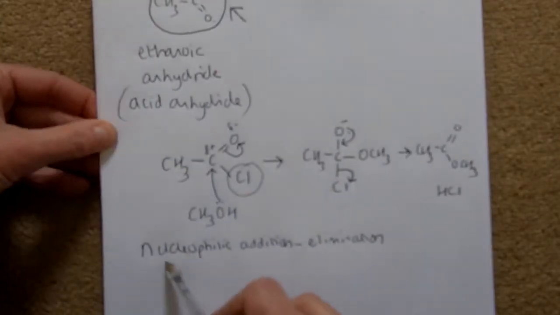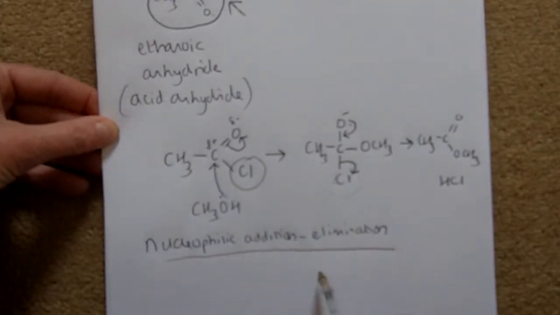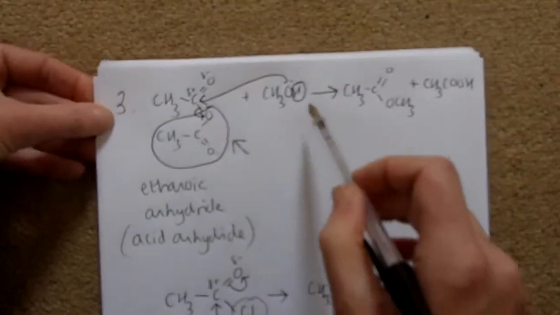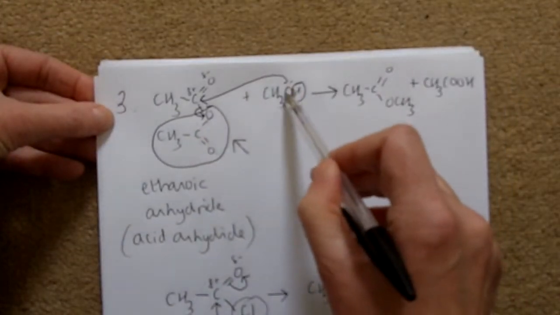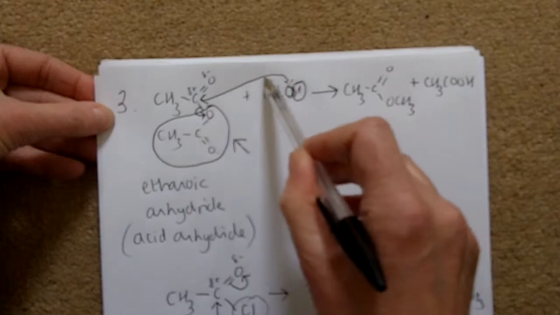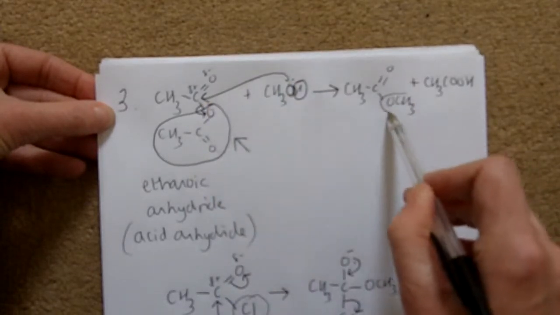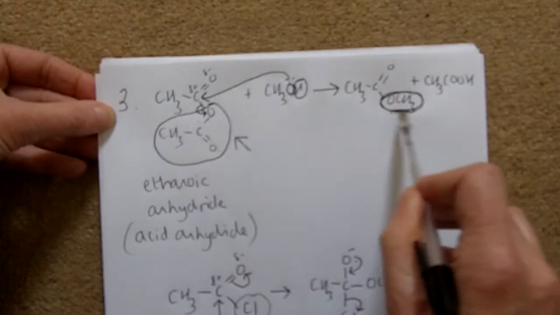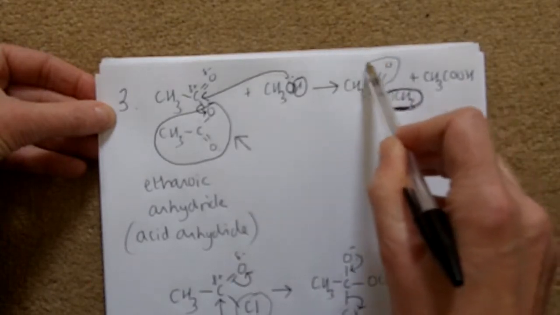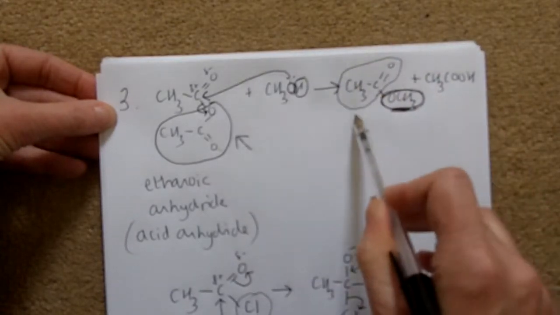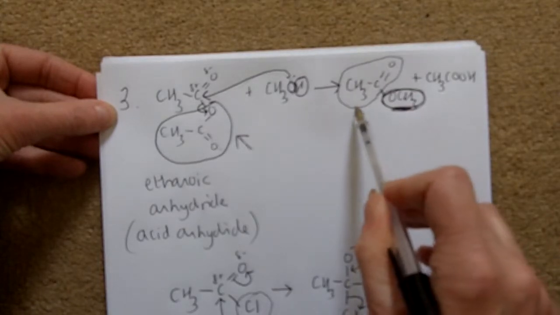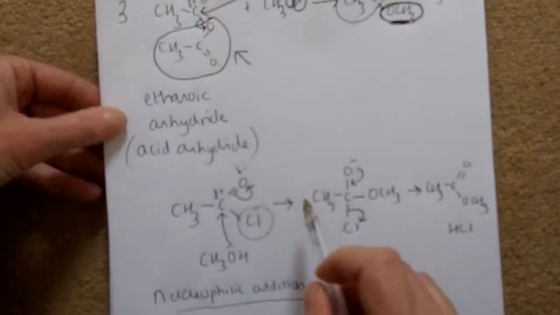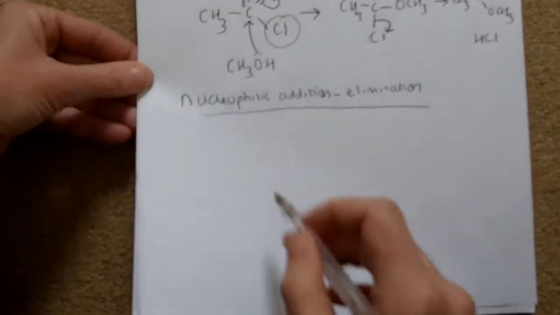So it's actually called a nucleophilic addition-elimination reaction. But a good thing to remember is that it is always the oxygen of the alcohol that is the oxygen here of the ester. So that's always from the alcohol, and that is from the carboxylic acid, the acid anhydride, or the acyl chloride. So this is how you make an ester. 3 ways to make an ester.